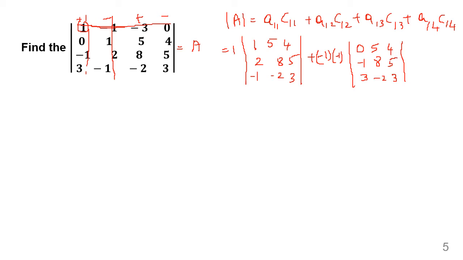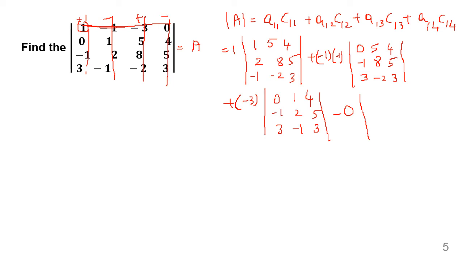The next element will be plus, and A13 is minus 3, so minus 3 into determinant of, now we are going to eliminate this and this, and we are going to write the element as 0, 1, 4, minus 1, 2, 5, 3, minus 1 and 3, minus symbol minus, and A14 will be 0, so 0 into determinant of 0, 1, 5, minus 1, 2, 8, 3, minus 1, minus 2.